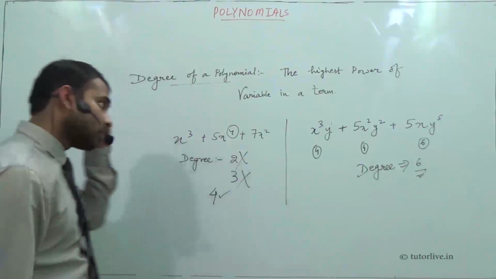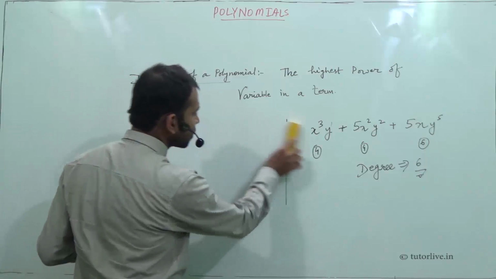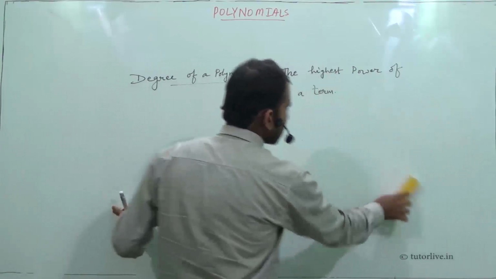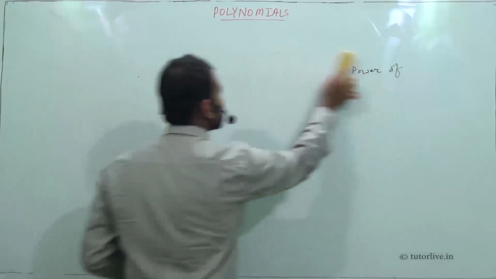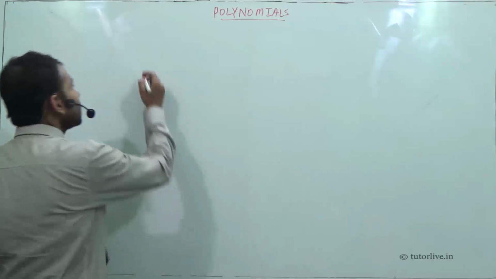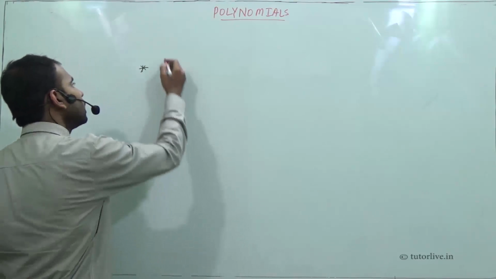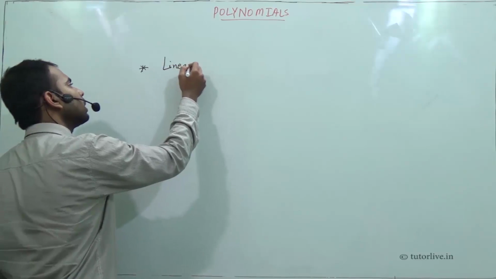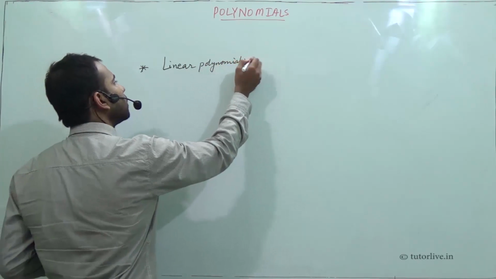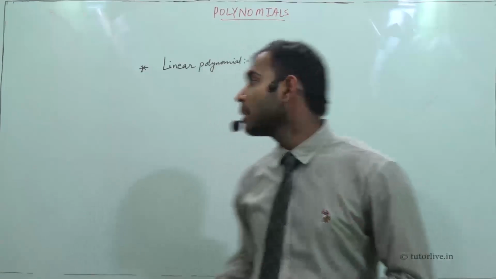Now we have studied factorization and all. We have studied linear equation, quadratic equation and cubic equation. We will be seeing what those are. Another little concept: types of polynomial on the basis of the degree, on the basis of their power. Linear polynomial may be of single variable, double variable, or triple variable.